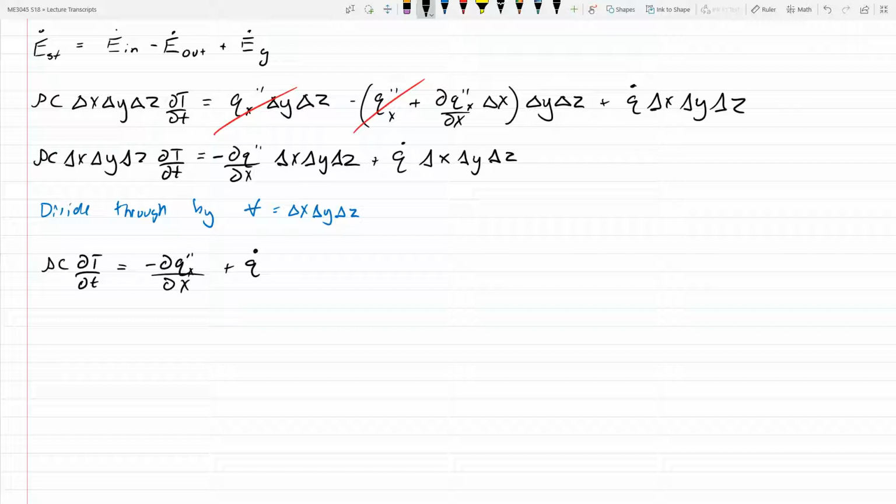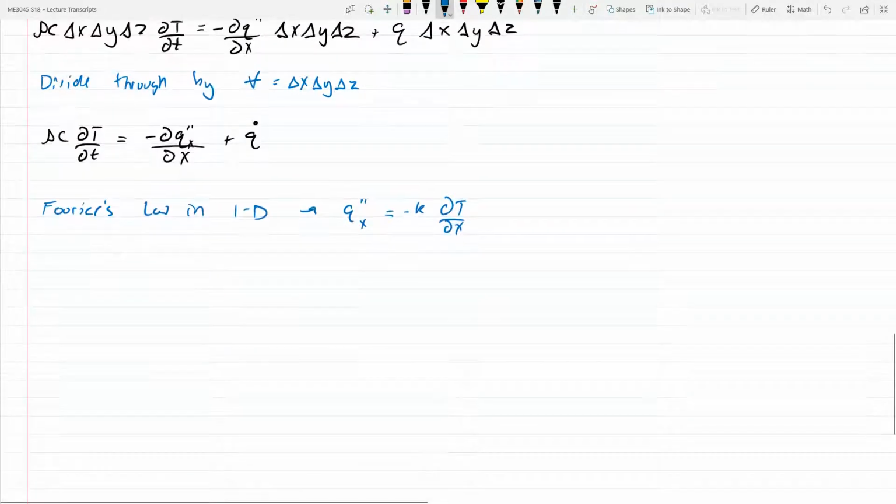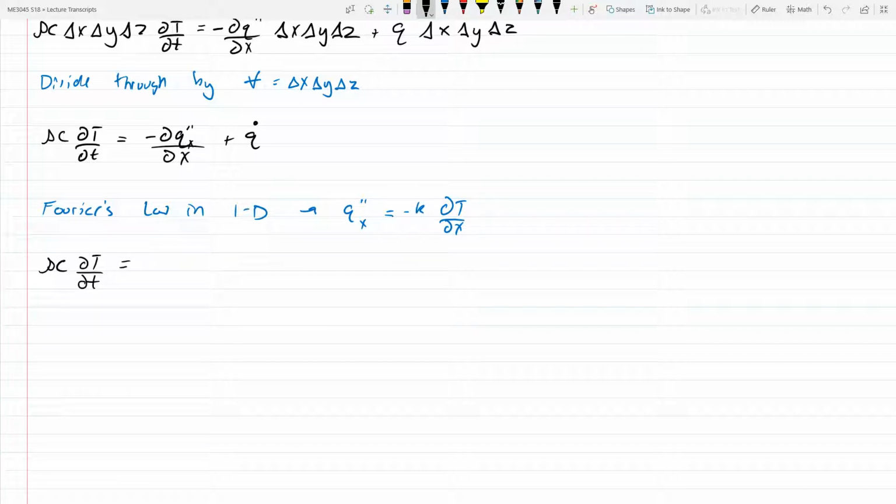So if we go ahead and plug in Fourier's law in 1D, which says that q double prime x is equal to negative k partial T partial x, and substitute that expression in there, then we end up with rho c, time rate of change of temperature, is equal to partial x of k dT/dx plus q dot.